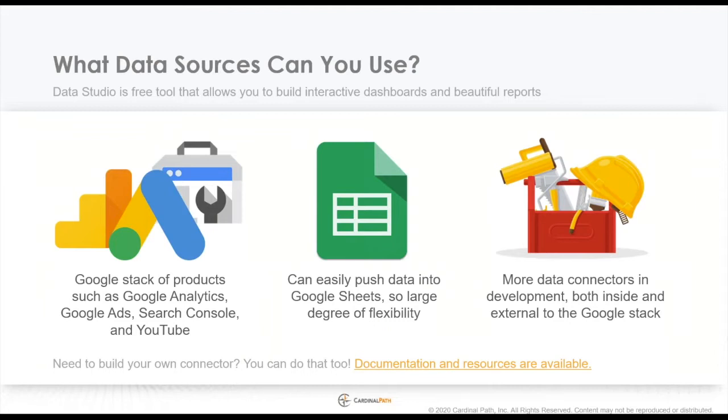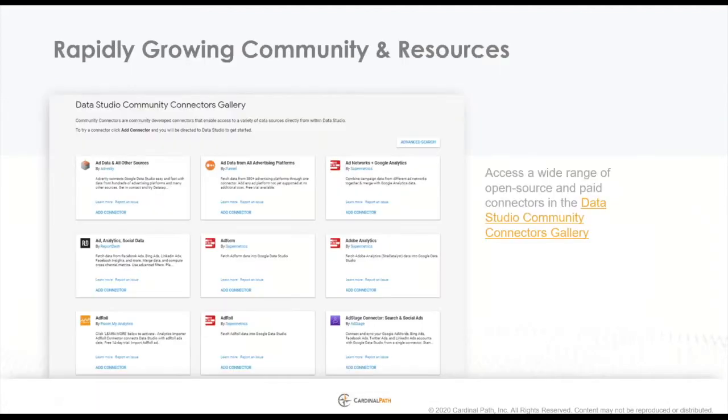And of course, if you're inclined to do so, you can create your own connectors. If you're not part of the Google ecosystem, or if you're specifically looking for a connector to third-party sources, such as Bing platform, which is Microsoft, Amazon, Facebook, or any of the others, chances are there's already a connector available, and either for free or for a nominal fee, many of these connectors are available for you to use.